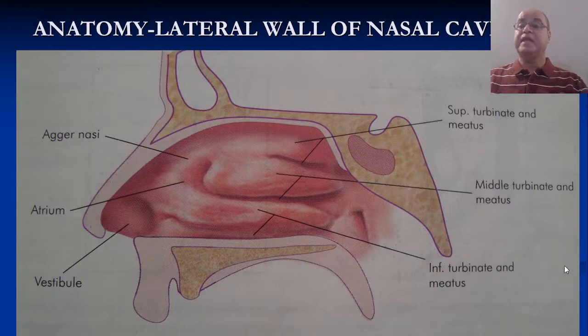Agger nasi cells are the most anterior ethmoidal air cells, lying anterolateral and inferior to the frontal recess, and anterior and above the attachment of the middle turbinate. They are located within the lacrimal bone laterally, and therefore have lateral relations, that is the orbit, lacrimal sac and nasolacrimal duct.